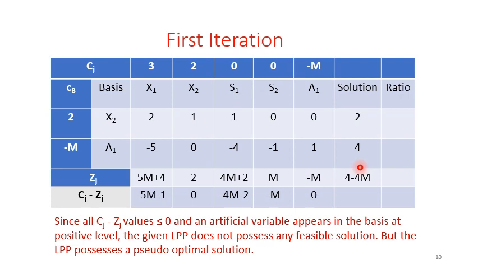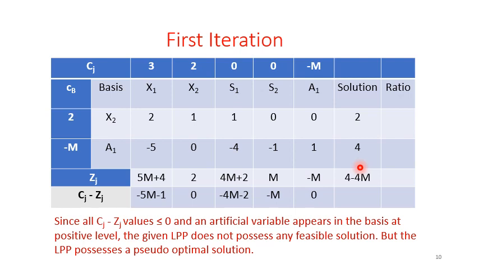The first condition was that optimality condition should be satisfied and no artificial variable should be there in the solution, but here there is an artificial variable. So the first condition is not satisfied.